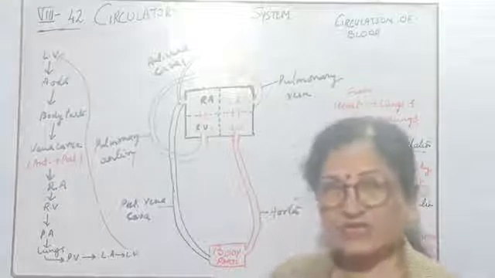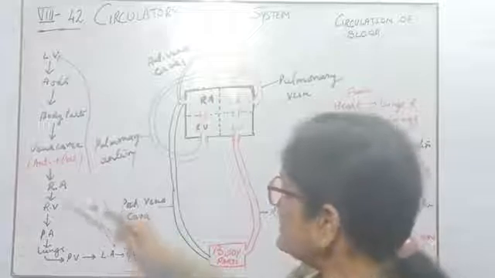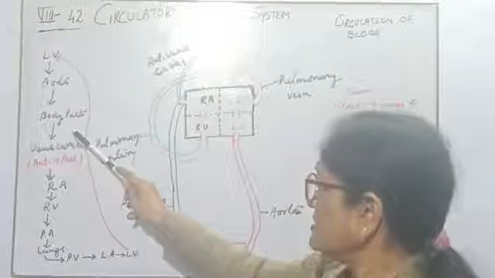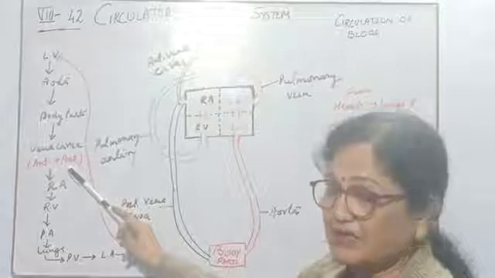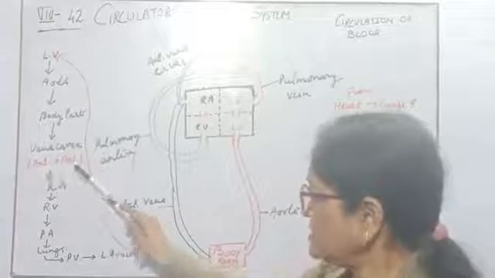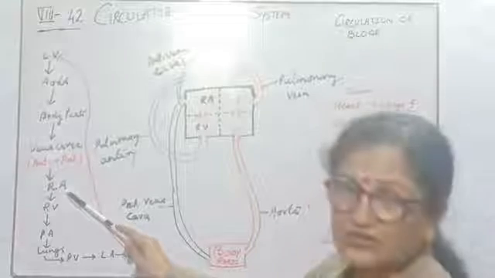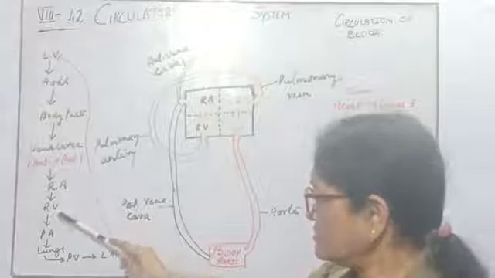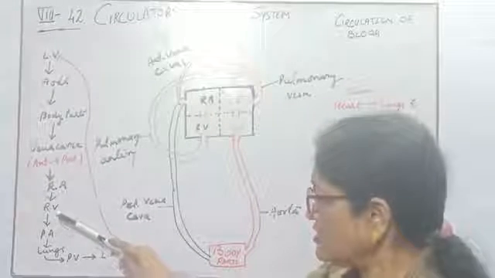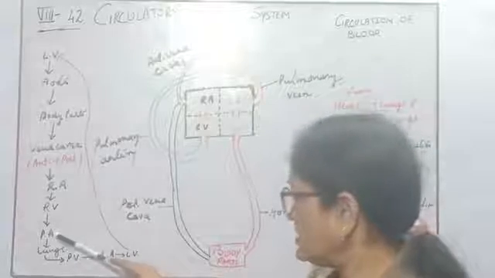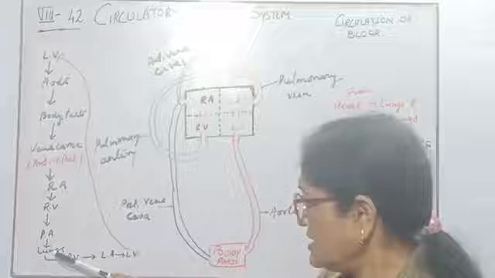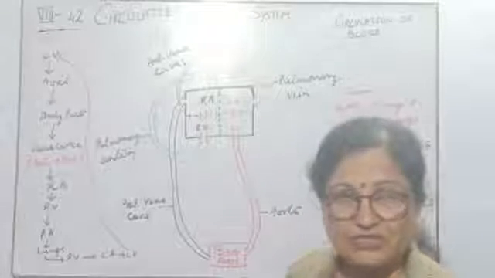Again I want to give one example. Just suppose I start from the body parts. From the body parts, with the help of vena cava, anterior and posterior, it will go to right auricle. From the right auricle it goes to right ventricle. From the right ventricle it will go to pulmonary artery. From the pulmonary artery it goes to lungs. In the lungs there will be the purification of the blood.